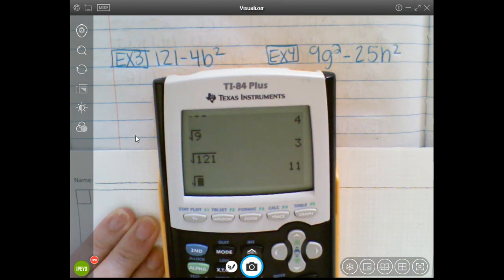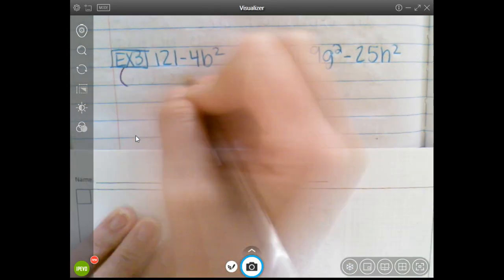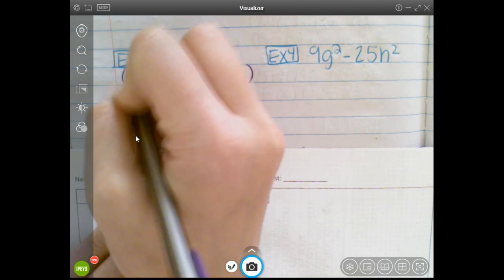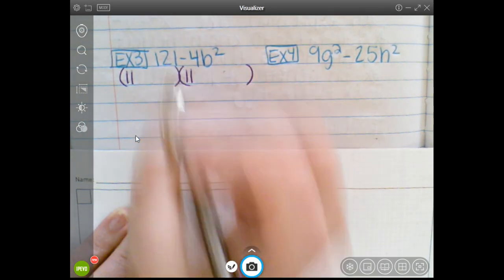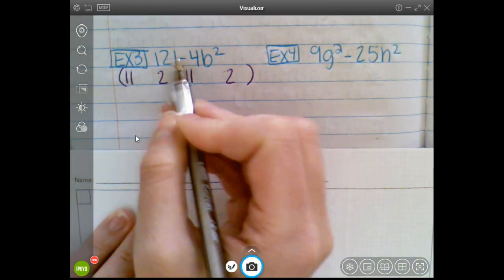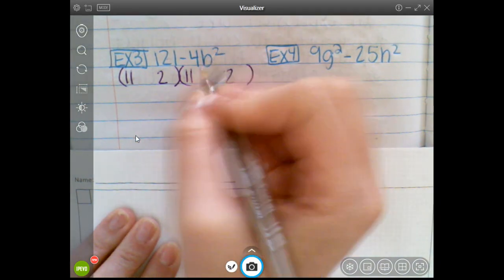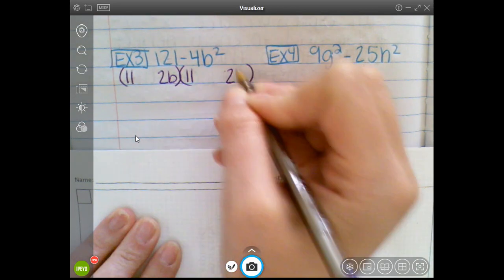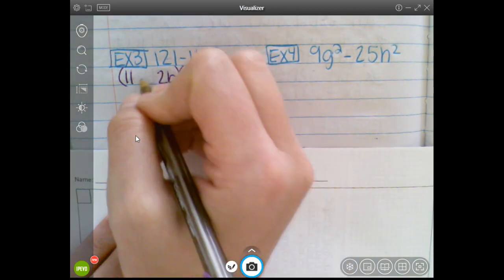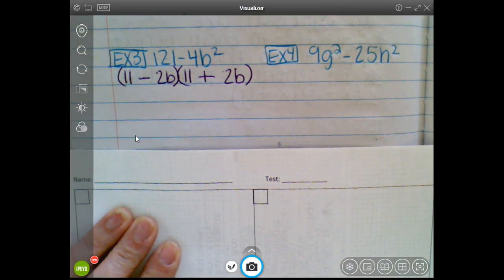Sorry, guys. Yep, it's 2. So I get 11 in the front because that's where the 121 was, and 2. Now 11 didn't have any variables. 4 did. B squared, so I have a B and a B with the 2 because that's where the 4 came from. One positive, one negative. One negative, one positive. Doesn't matter.